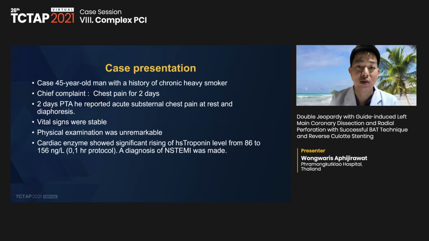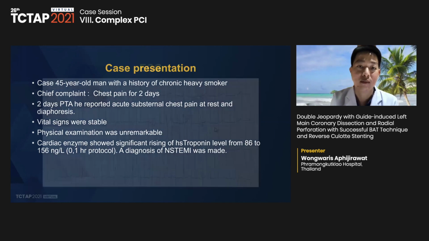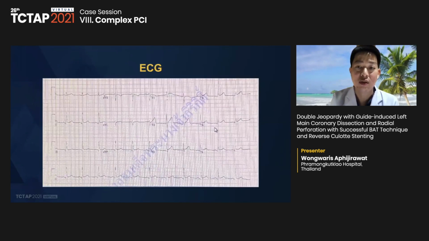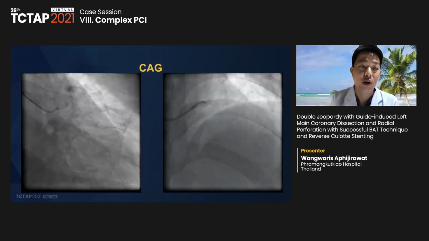The cardiac enzymes showed a significant rise of the high-sensitivity troponin, so the diagnosis was non-STEMI. The ECG showed no ST elevation. So we brought him to the cath lab.